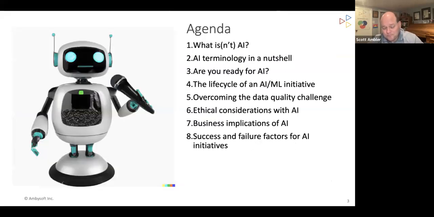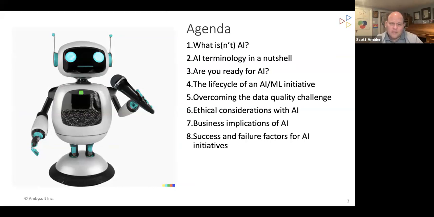So what do I want to walk through? I'm going to do a very brief overview of AI and a little bit of overview of terminology. Then I'm going to walk through the life cycle of an AI machine learning initiative, and explain how it works from end to end, and then of course back again, because there are feedback cycles, as you would imagine.